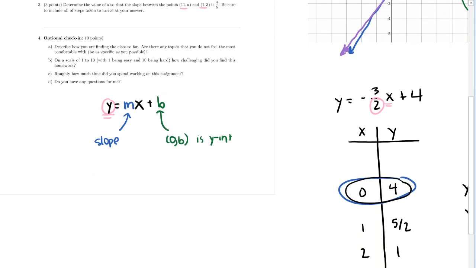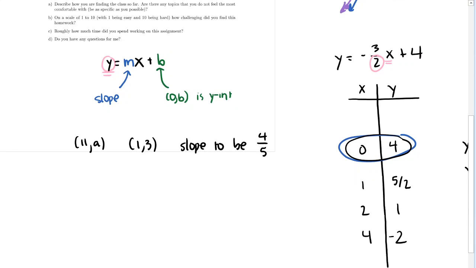So here we have these 2 points, (11, a) and (1, 3), and we want the slope to be 4 over 5. Well, how do we find the slope between 2 points?